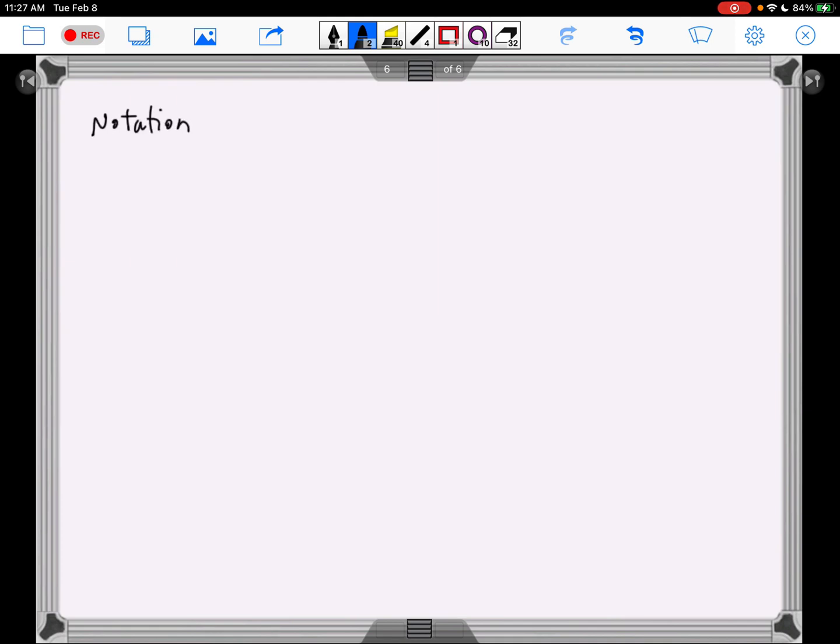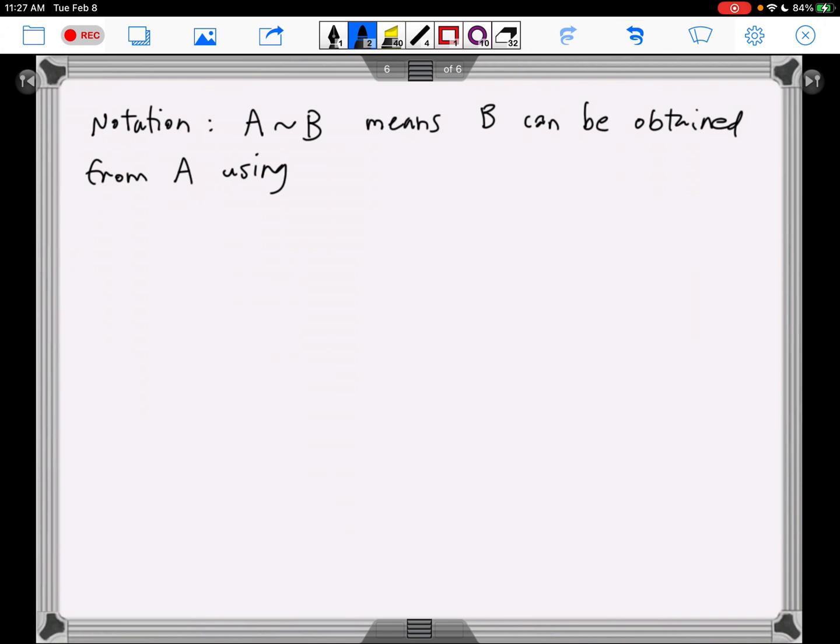Okay, so just a little bit of notation here. We need to learn what it means to have a little squiggly line here, that actually means the words row equivalent. So A is row equivalent to B. What this means is B can be obtained from A using elementary row operations.